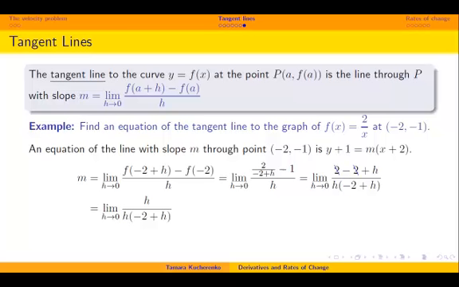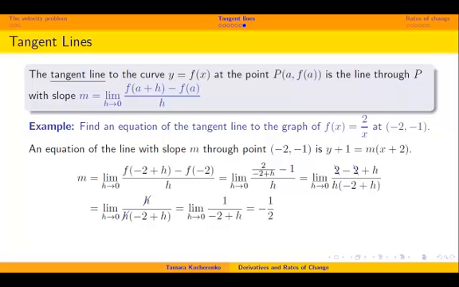We cancel common factor h on top and bottom of the fraction and obtain the limit as h approaches 0 of 1 divided by -2 plus h. This limit is evaluated by substituting 0 for h, which gives -1/2.